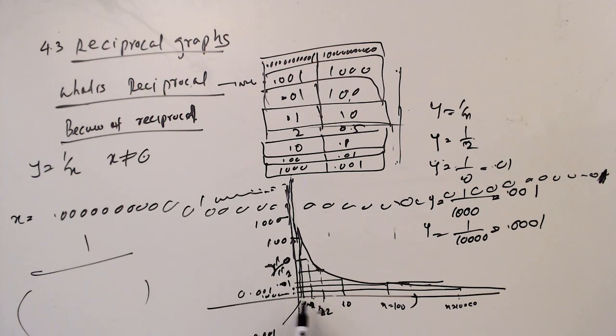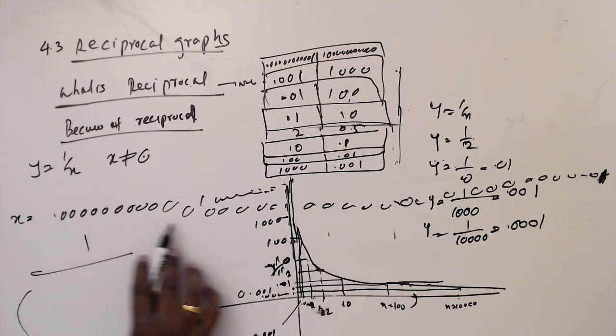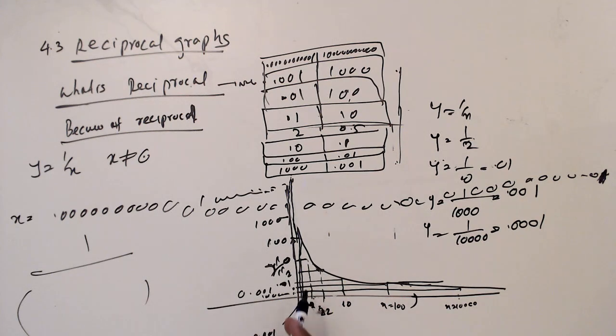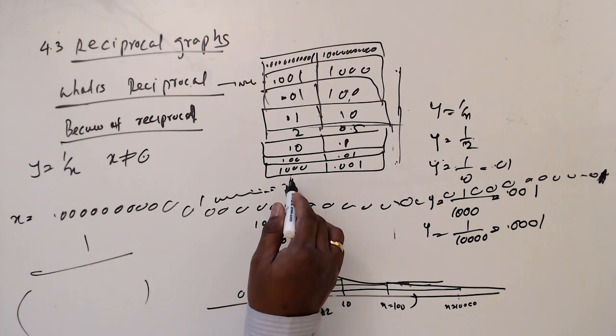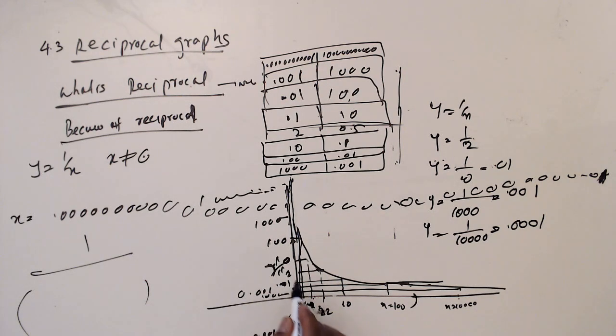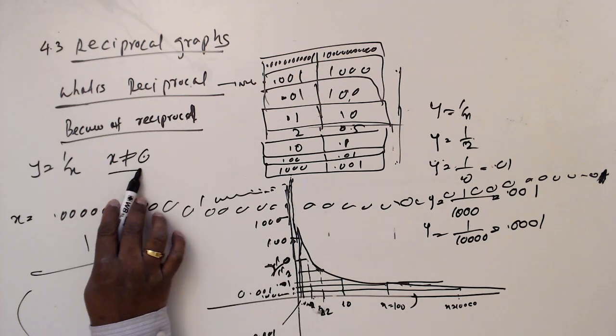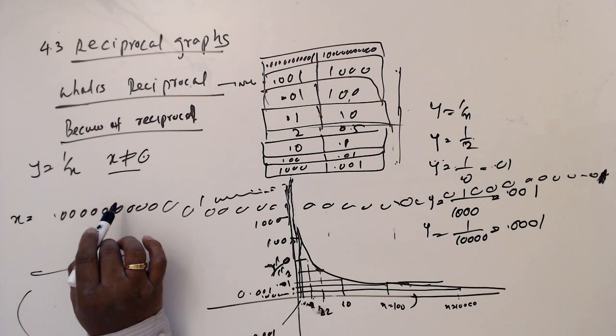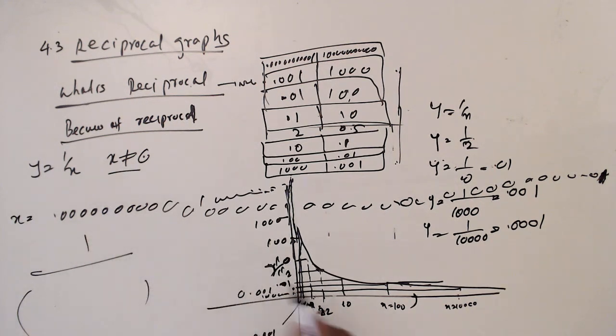You can see that when the x value gets bigger and bigger, you will get bigger and bigger y values, but it will never reach the x equals 0 line.